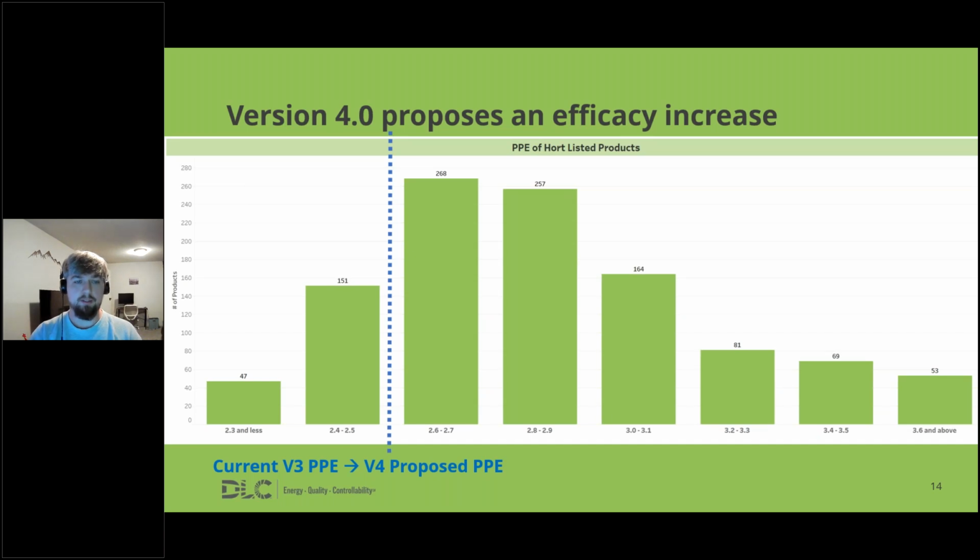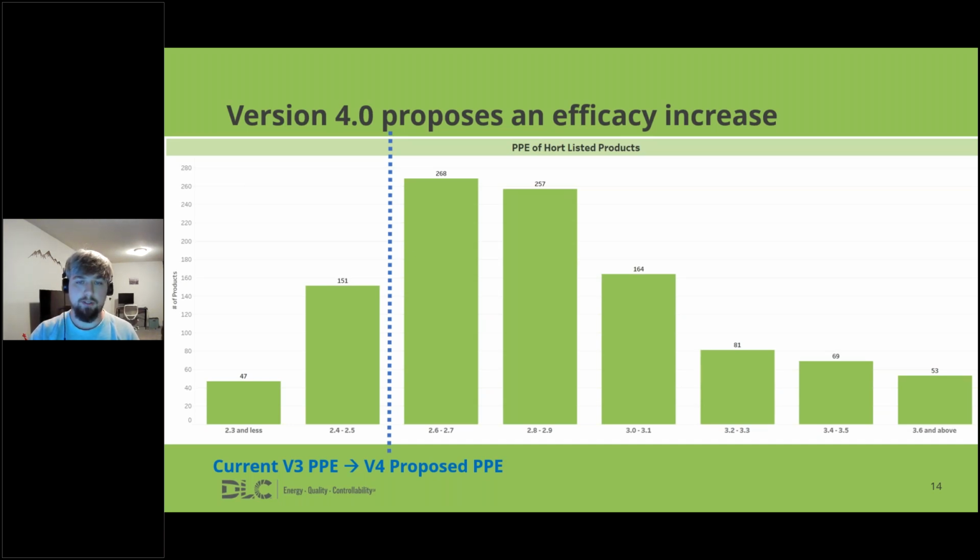Specifically, how this impacts listed products looks very familiar to what we had in the version 3 development process, where you see generally quite a few products are significantly above our threshold, and that bottom 15%, as you see, is on the left-hand side of this dashed line here.